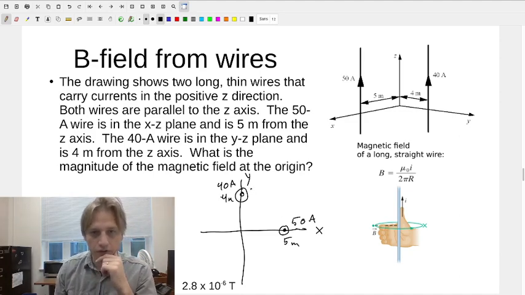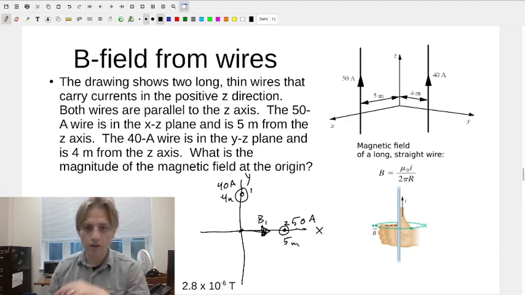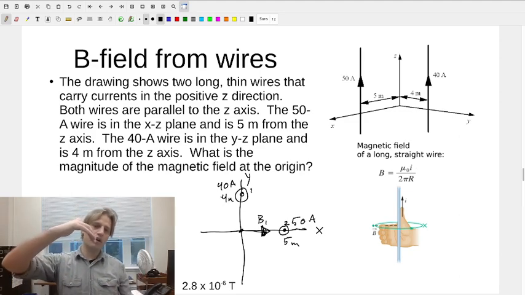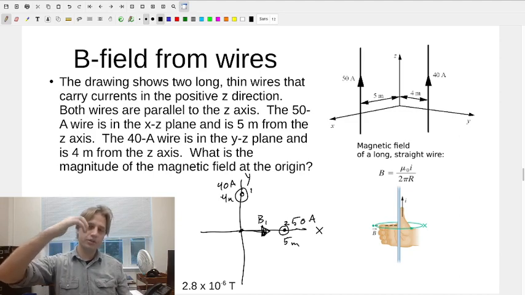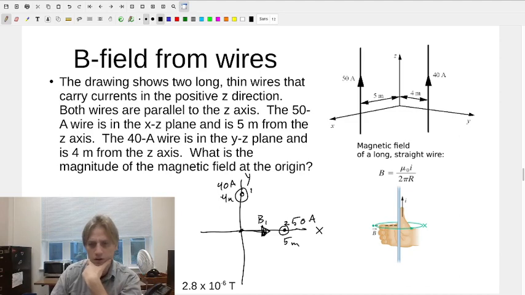So if we call this current 1 and this current 2, current 1 would provide a magnetic field component going this way, B1. You would find out the magnitude of that contribution by putting in 40 amps on the top, and then R would be 4 meters. And then for our current 2 on the x-axis, we would use our right-hand rule again, find our contribution, pointing like this.